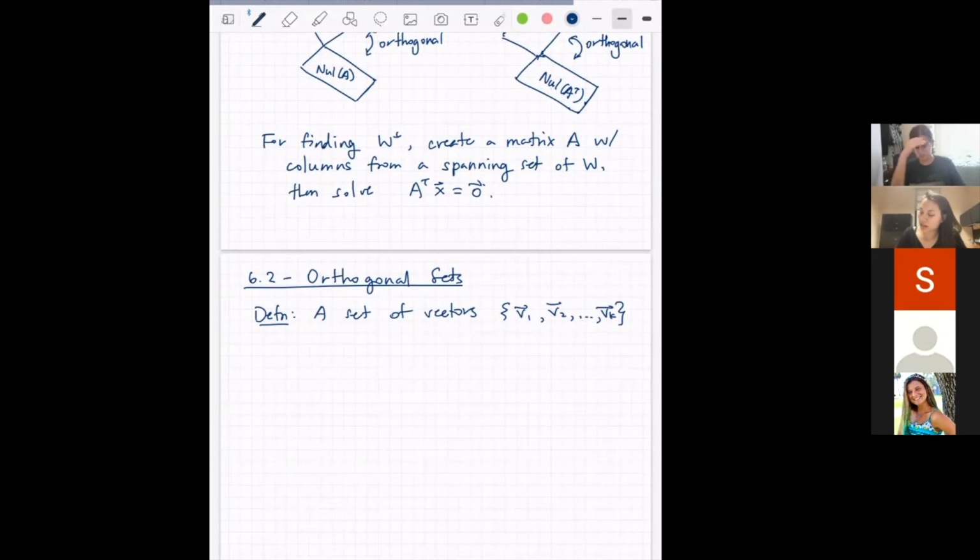This set of vectors from Rn is an orthogonal set if each pair of vectors is orthogonal.